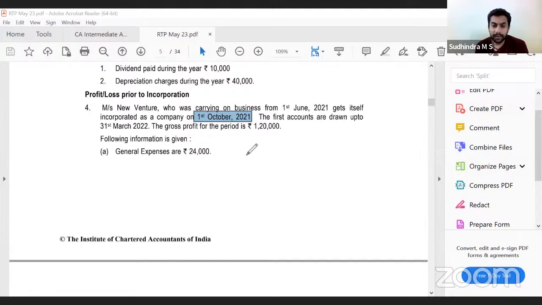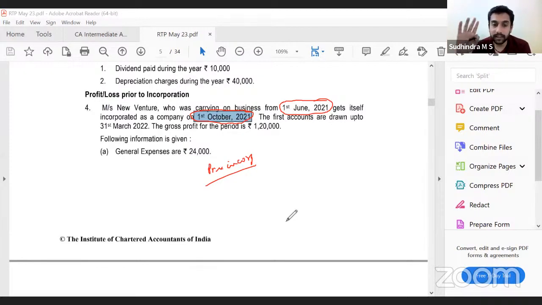Tell me the date of incorporation. 1st October 2021. Pre-incorporation period, how many months? 4 months. Very good. Business commenced on 1st of June, so June, July, August, September: 4 months.